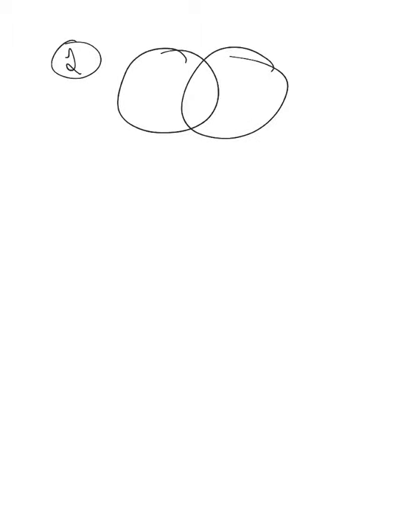Okay, so now let's move on to the next type of diagram, which I drew as this, with your A and your B. So this is used mostly when you have some A's are B's.